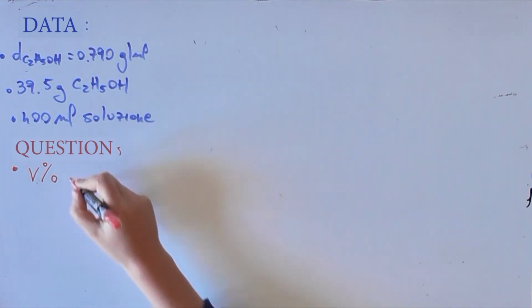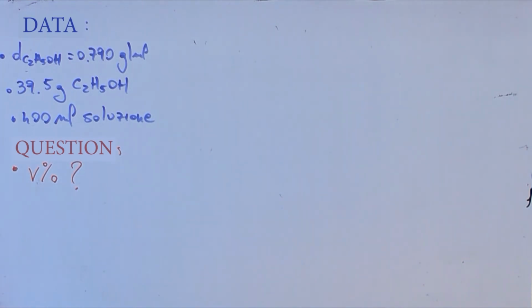So it's asking the volume of ethanol in water. It could also ask the volume of water in this solution. It's relative. We have to think that everything is relative to what we are considering. But now it is asking the volume of ethanol.